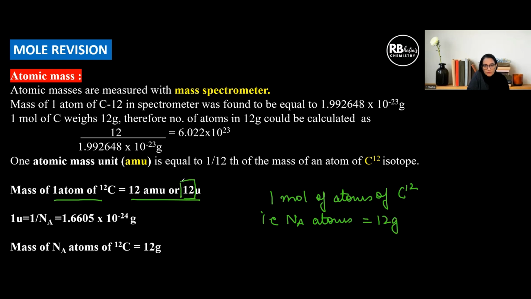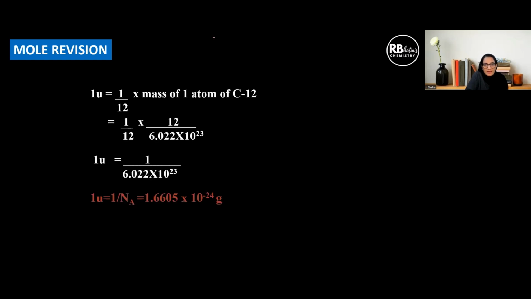This magnitude is always the same. One atom, we measure this atomic mass in U, and this is the mass of 1 mole. It's the same number, same magnitude, but expressed in gram. Please remember this. Then, 1 U is 1/12 of the mass of one atom of C12.